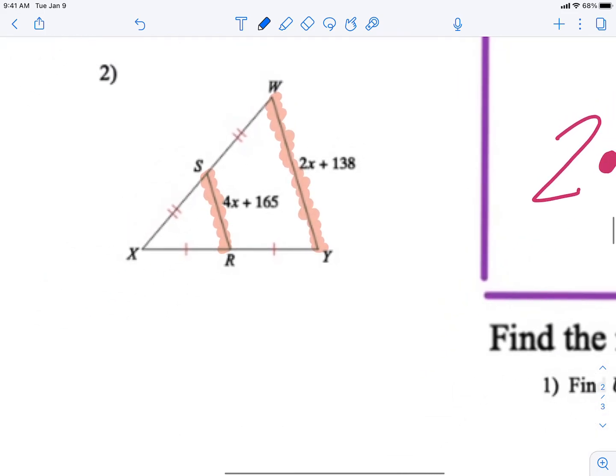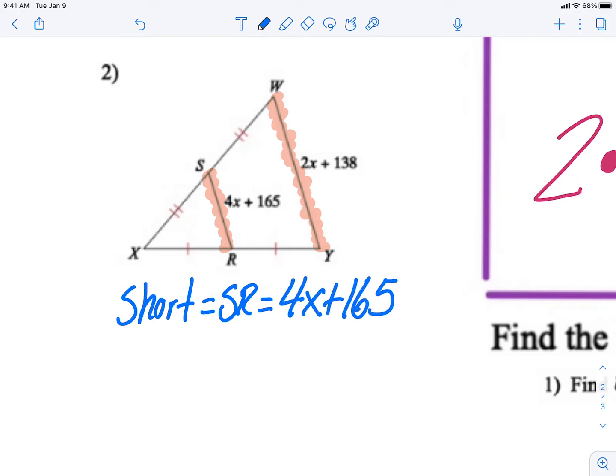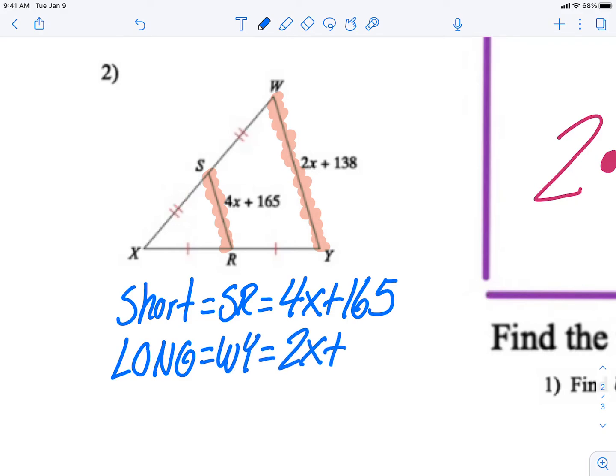So our short is equal to SR, which is equal to 4x plus 165. Our long is equal to WY, which is equal to 2x plus 138. Okay? We have our information, we have our short, we have our long.